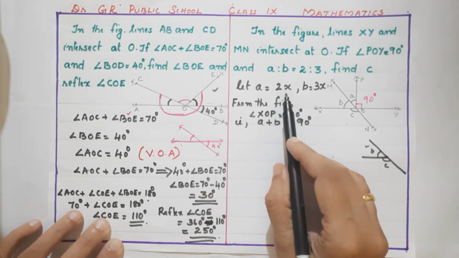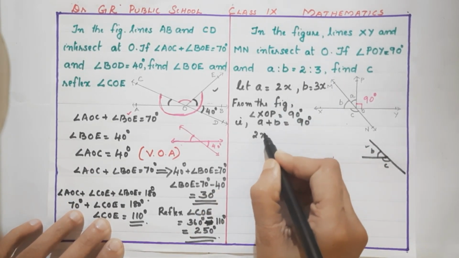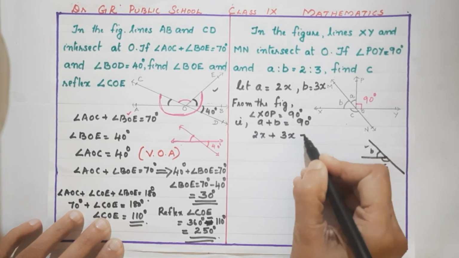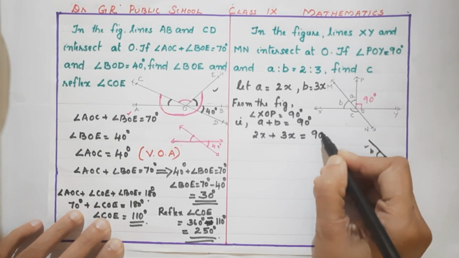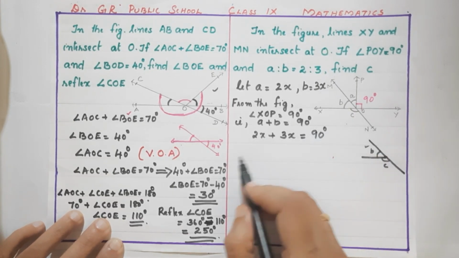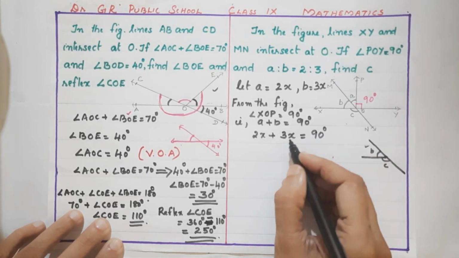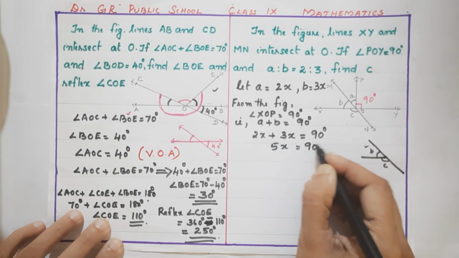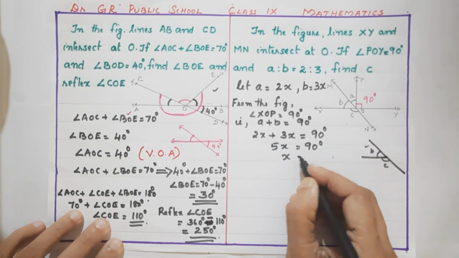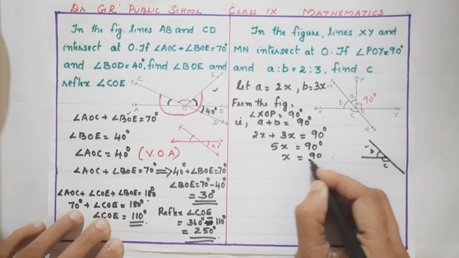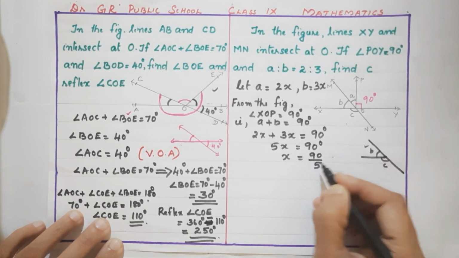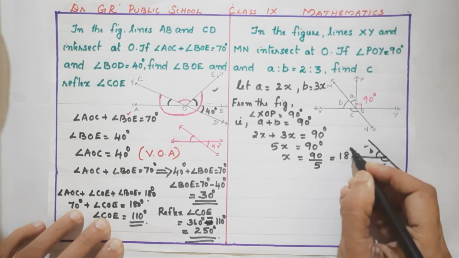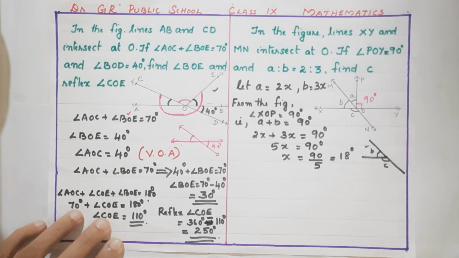What is our A? 2x. B is 3x. So 2x plus 3x is equal to 90 degrees. Now only simplification: 5x equal to 90 degrees. So x is equal to 90 by 5, which is 18 degrees.